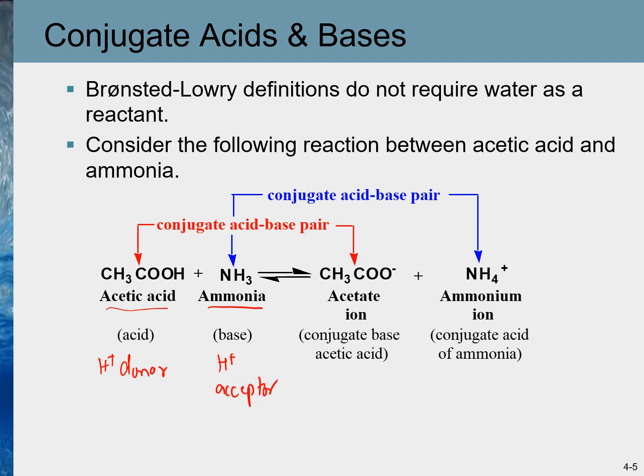After donating the proton, the acetate ion is the leftover part, so acetate ion is the conjugate base of acetic acid, and ammonium ion is the species formed from ammonia after accepting a proton. So ammonium ion is the conjugate acid of ammonia.